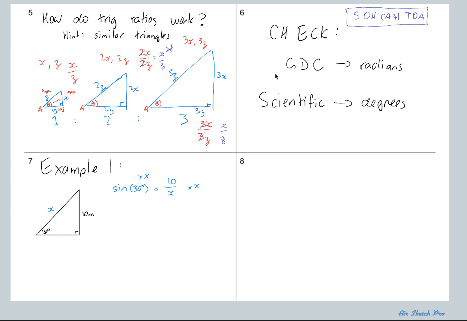Multiply both sides by x, and I get x sine of 30 is equal to 10. And then if I divide both sides by sine 30, I get x equals 10 over sine of 30 degrees, which should give me 20, I think, if someone wants to work it out on their calculator. Yeah, sine 30 is one of those really common ones, and I know sine of 30 is a half. So 10 divided by a half is 20.